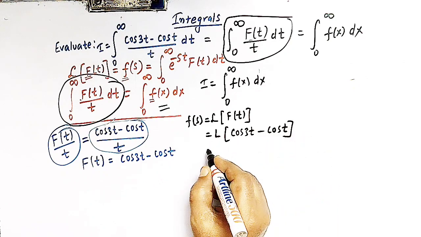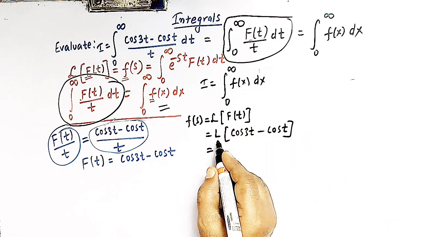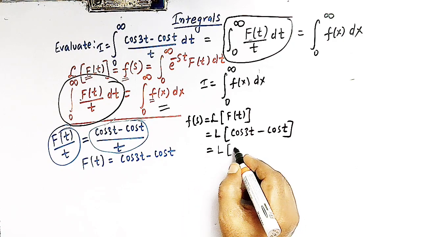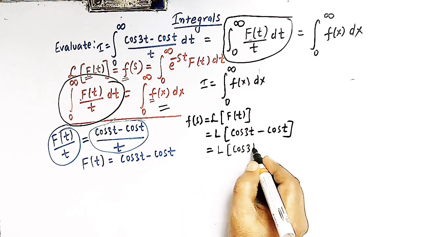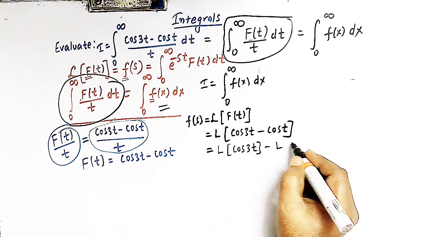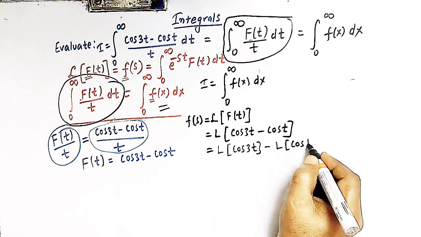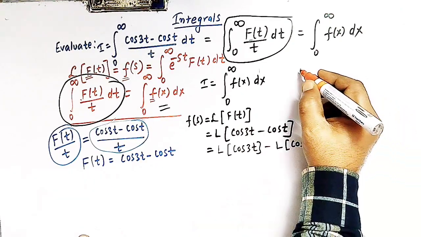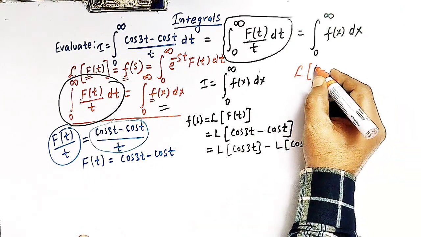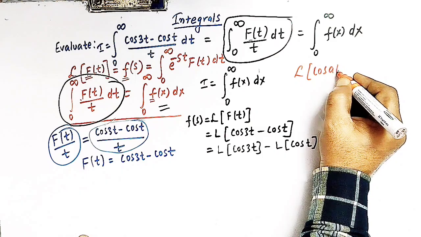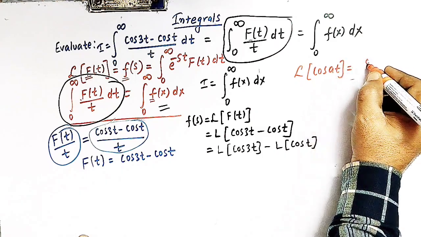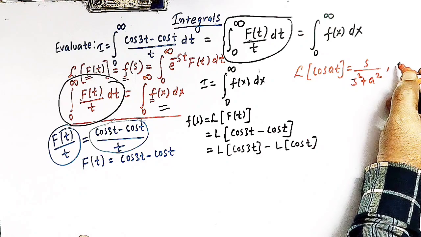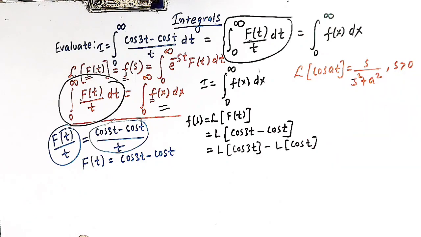Now by the linearity property of Laplace transform, we can write the Laplace transform of cos 3t minus the Laplace transform of cosine t. We know that the Laplace transform of cos at is given by s divided by s square plus a square, where s is greater than 0.